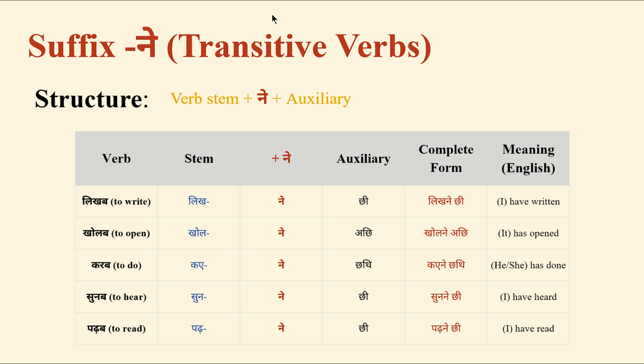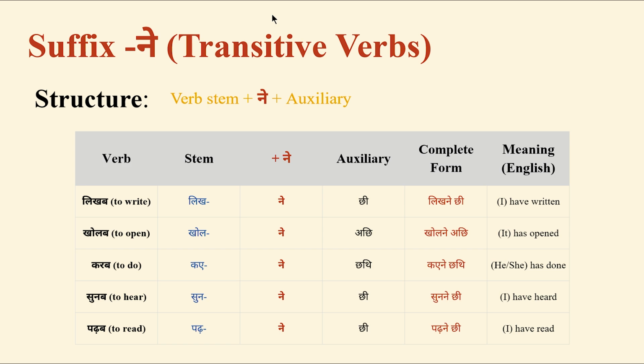Karab, okay, so karab also is transitive, so karab will become kaine. Okay, stem is kai, ne will attach to it, so it will become kaine chhati. Okay, so chhati is again an honorific marker, auxiliary.